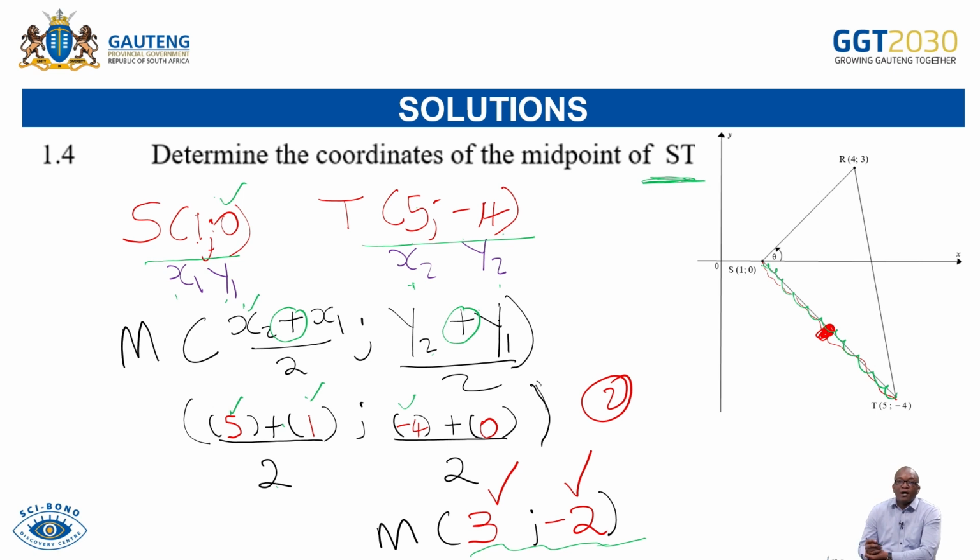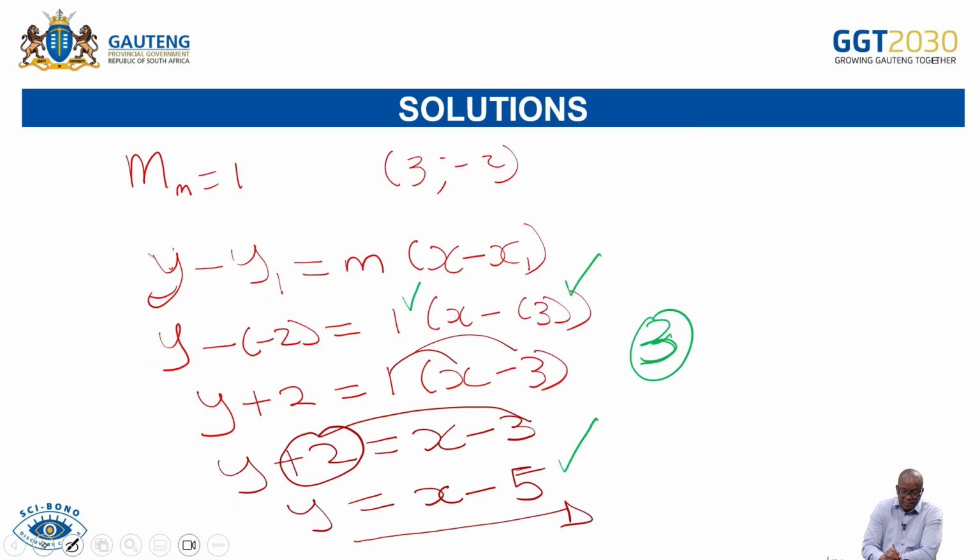So I hope I've answered your question on how we arrived at that answer. And please make sure, like I indicated, that the signs in your formula are positive, because that's what the midpoint formula requires. I hope I've answered your question.